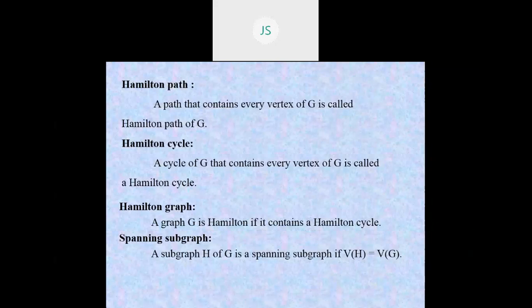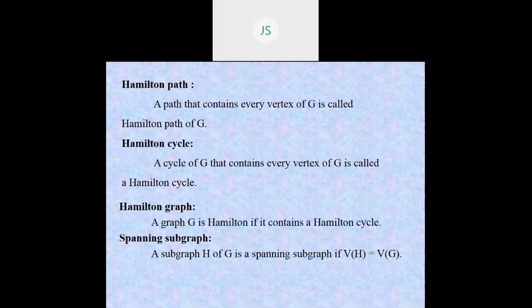Cycle means it starts and ends with the same vertex. A path is nothing but a path; the starting vertex and ending vertex are not the same. But for a Hamiltonian cycle, they must be the same.